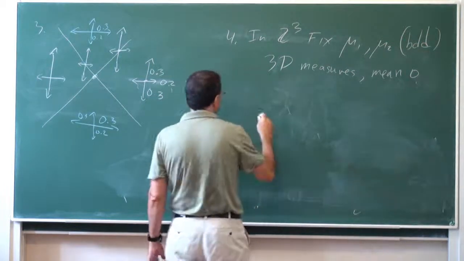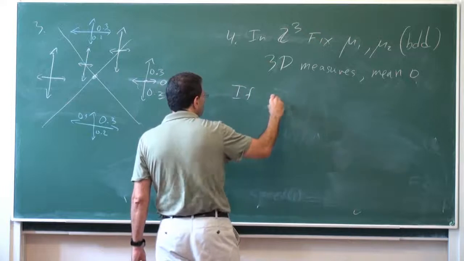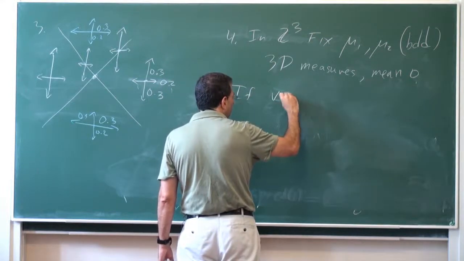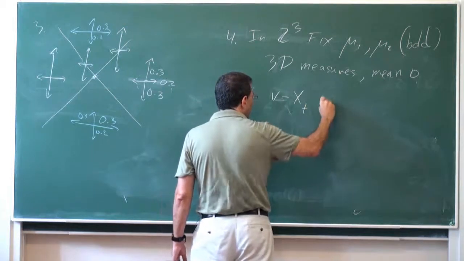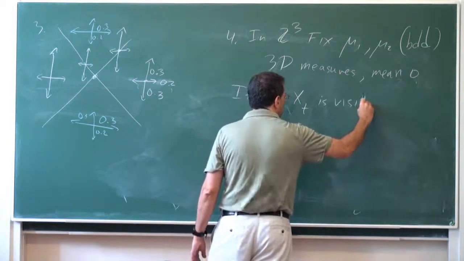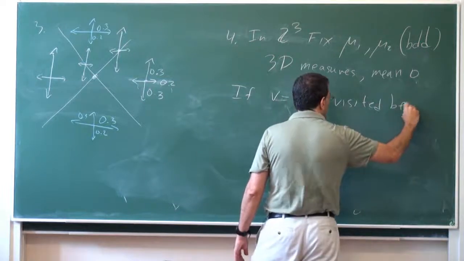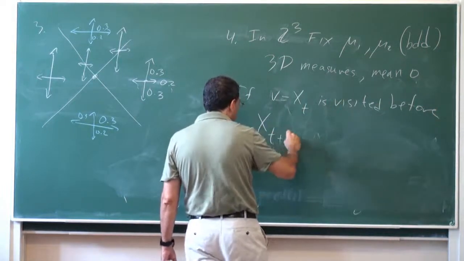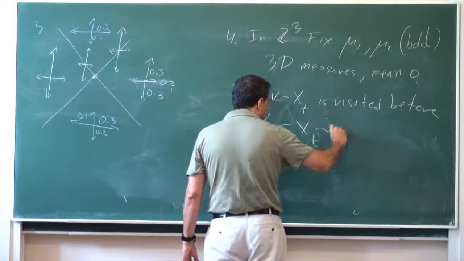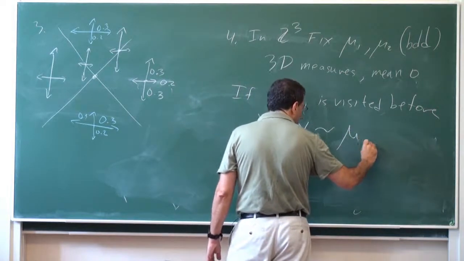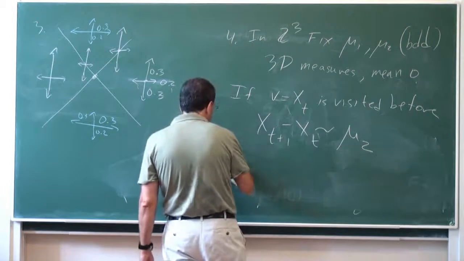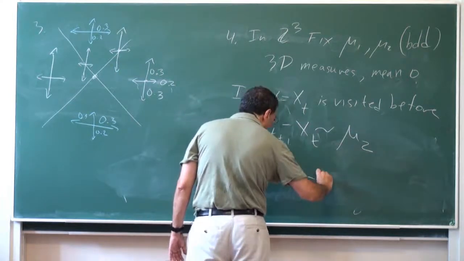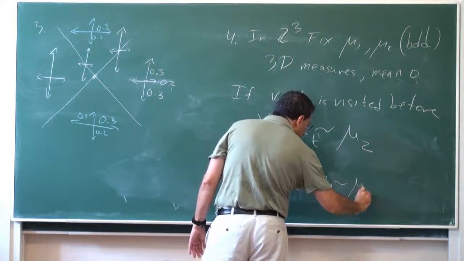And now the rule is as before: if the current location is visited before, then the next step, x_{t+1} minus x_t, will have distribution mu2. If not, then x_{t+1} minus x_t will have distribution mu1.